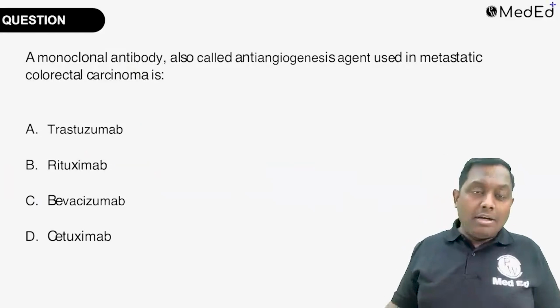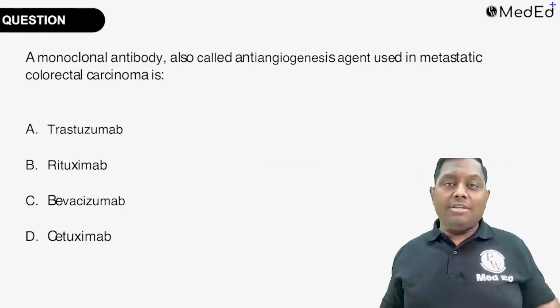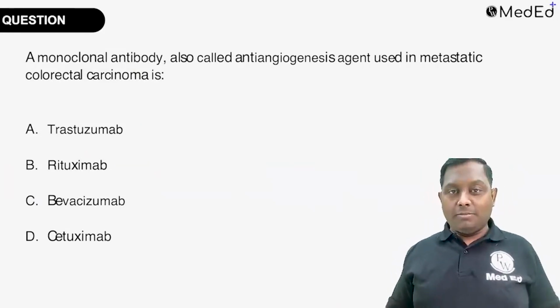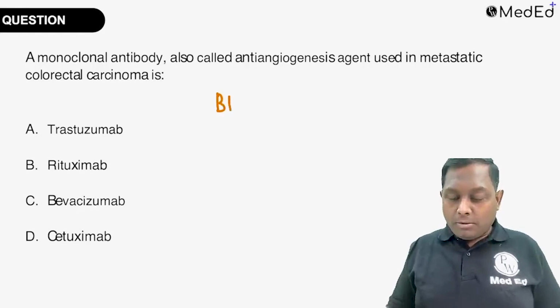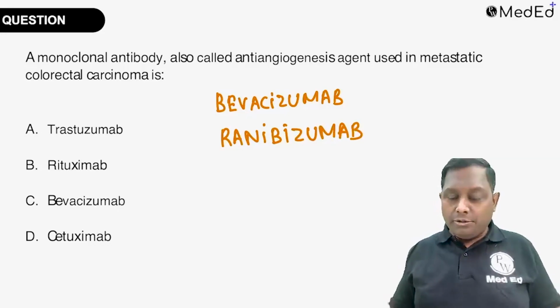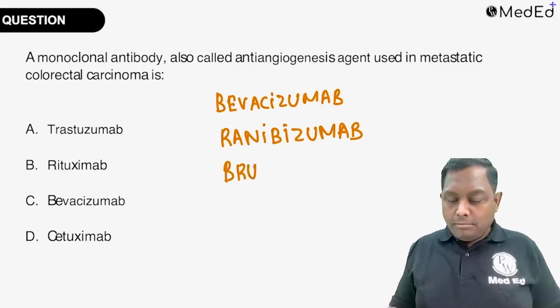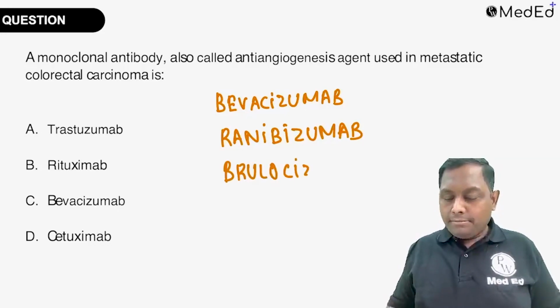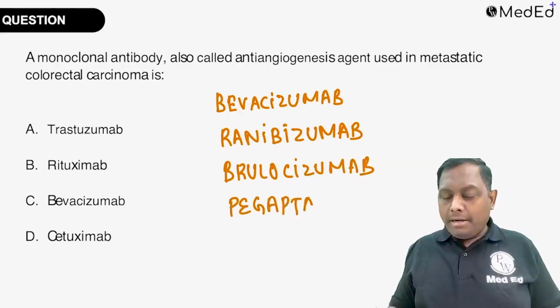I believe this is the last one. A monoclonal antibody that is called anti-angiogenesis used in the metastatic colorectal carcinoma, है ना. तो we always talk about a बेवकूफ रानी, that is bevacizumab, ranibizumab, brolucizumab, pegaptanib. What are these?